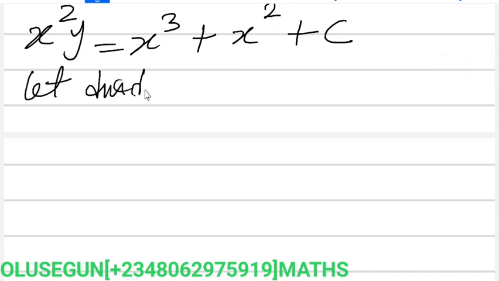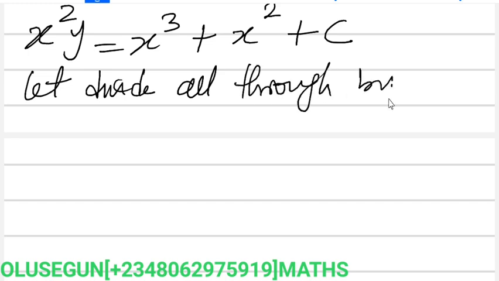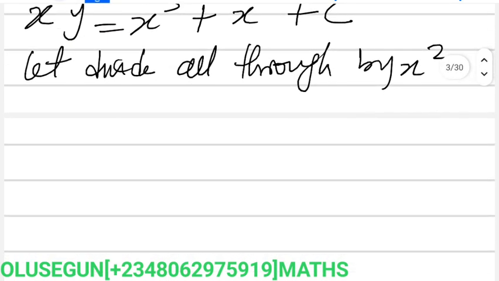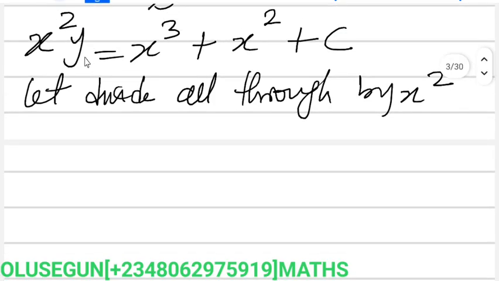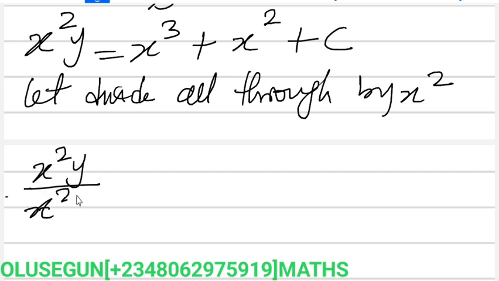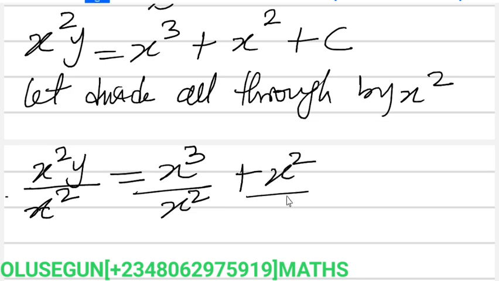In dividing all through by x squared, we have x squared y divided by x squared is equal to x cubed divided by x squared plus x squared divided by x squared plus c divided by x squared.